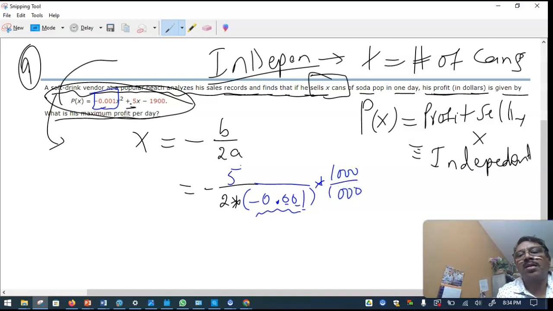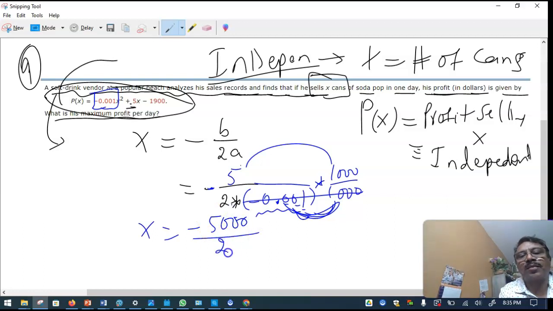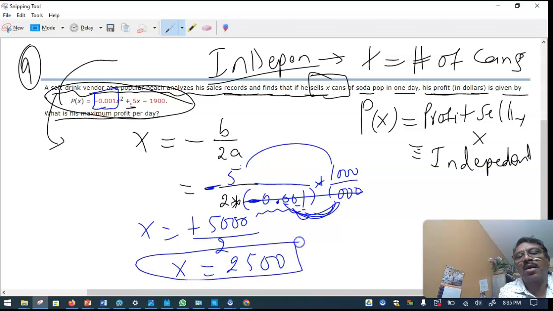The bottom becomes 1 and the top becomes minus 5,000. There's a negative here and another negative here, so it becomes positive. So x equals 2,500 cans.